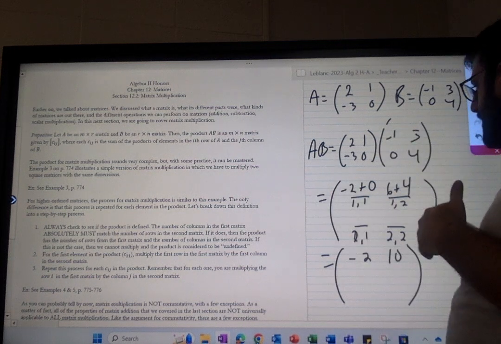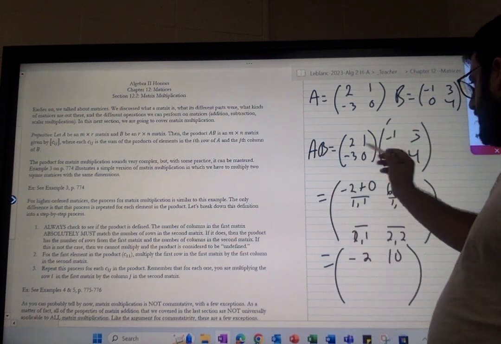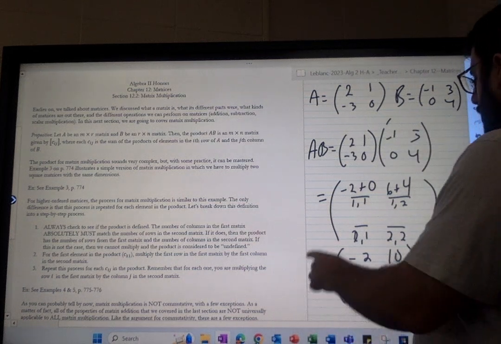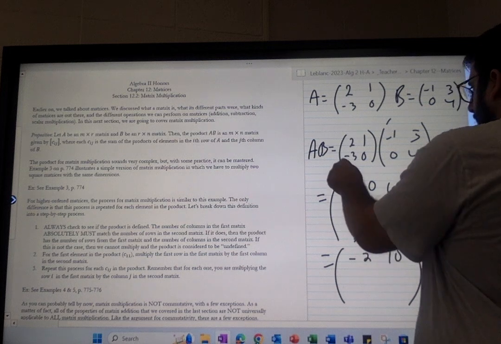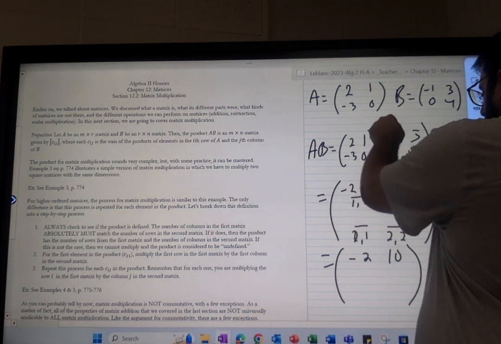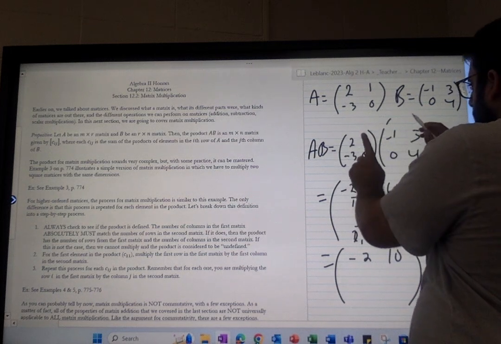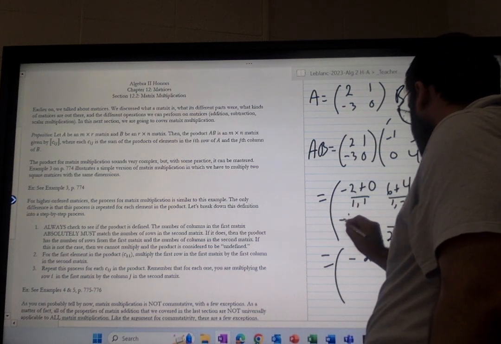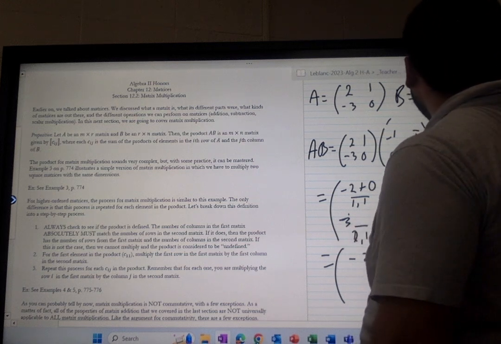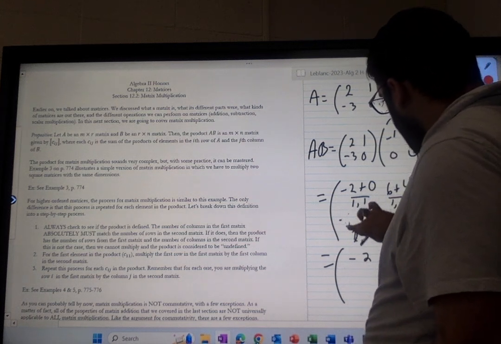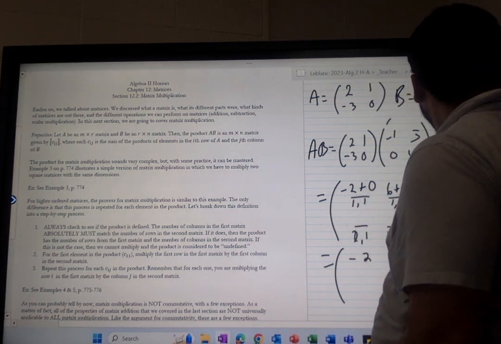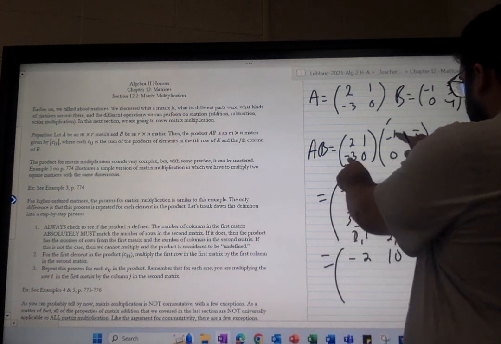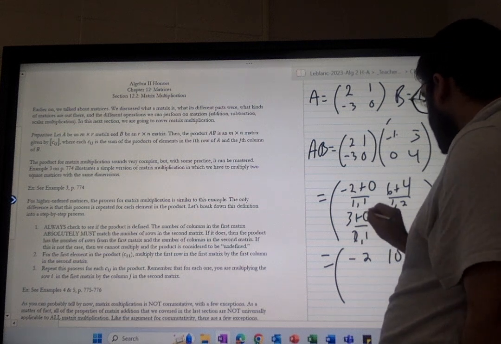I'm going to do the same thing, but this time I'm going to use the second row and the first column, then the second row and the second column. So second row in A times first column in B: negative 3 times negative 1 is positive 3, and 0 times 0 is 0.